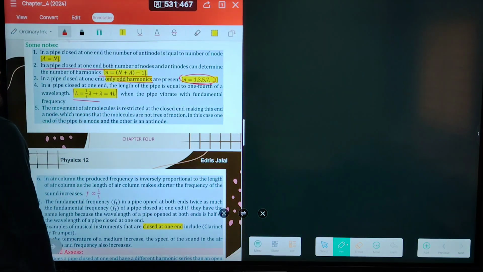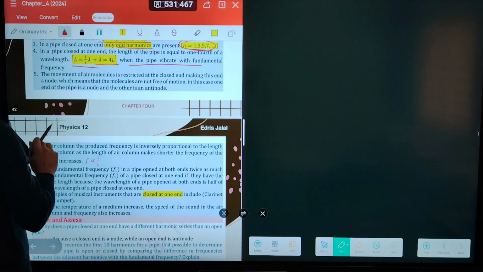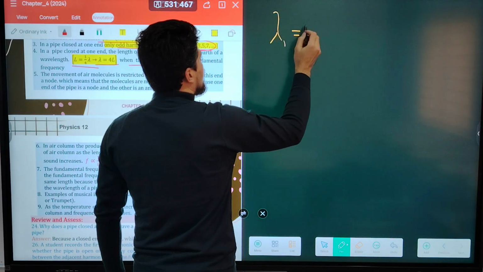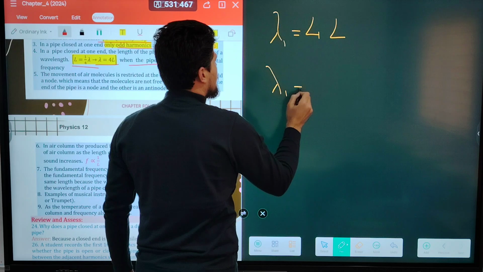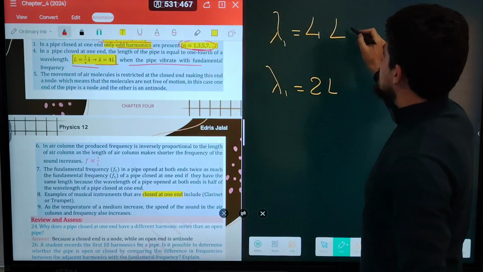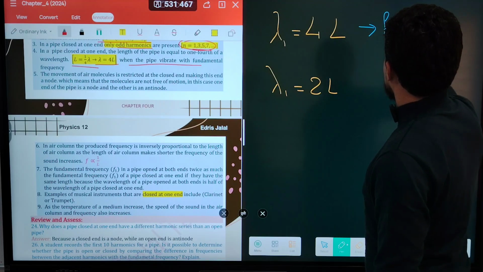L is equal to a quarter of the wavelength, and wavelength is equal to 4L when the pipe vibrates with the fundamental frequency. This is the fundamental wavelength, lambda 1 equal to 4L. When is the wavelength equal to 4 times the length of the pipe? For a closed pipe.